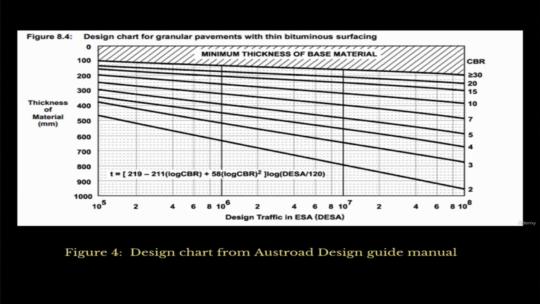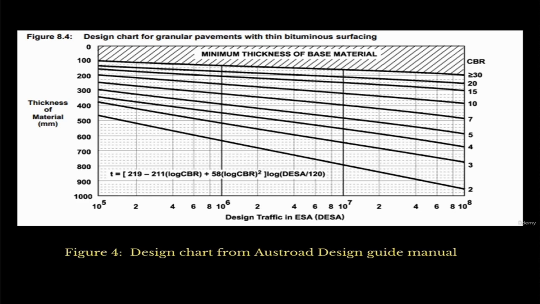Or you can make your base course 300 and your sub base 200, and then have an asphalt layer of 50 mils at the top. It can be a chip seal or a double chip seal. People who practice in New Zealand or Australia will know what I'm talking about. But yeah, this is how you go about it.